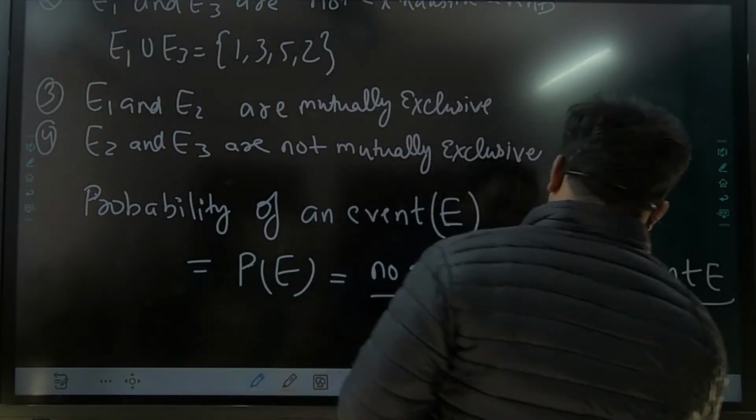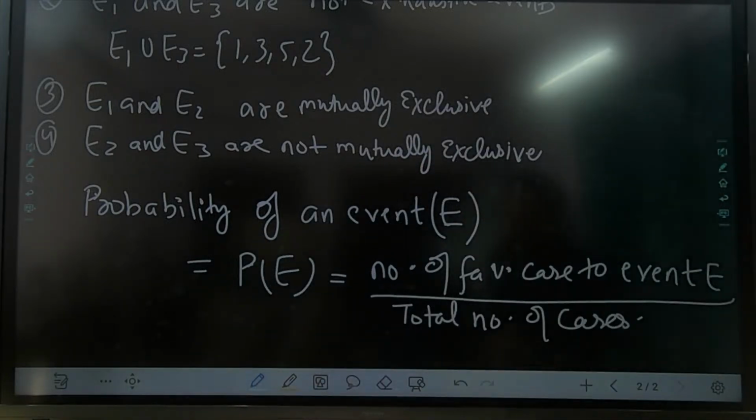So this is the probability of any event to happen: whatever the favorable cases are for event E to happen, divided by the total possible number of cases.